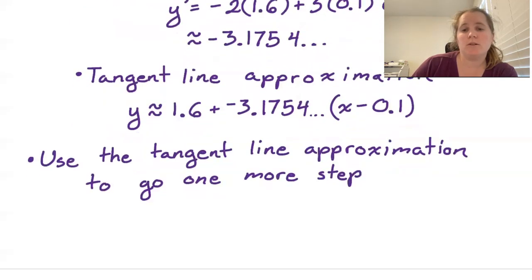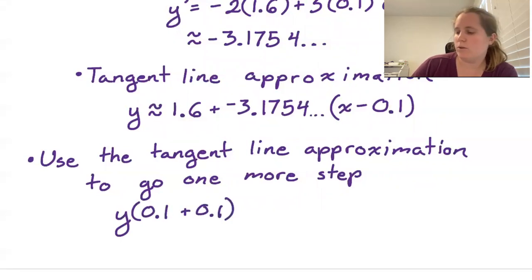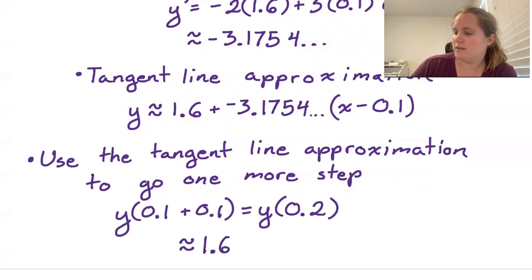So this time we are looking for y of 0.1 plus another 0.1, or y of 0.2. And this will be approximately 1.6 plus negative 3.1754. And then we will be multiplying by 0.1.